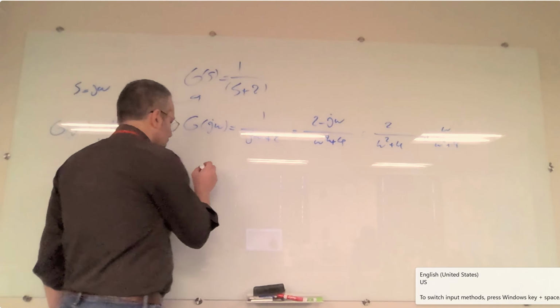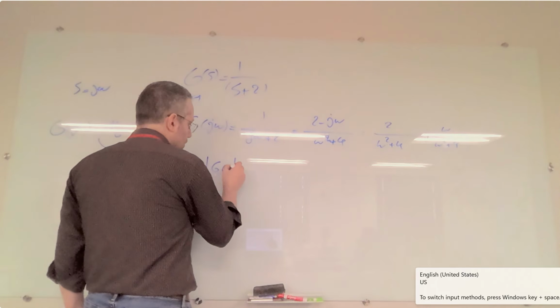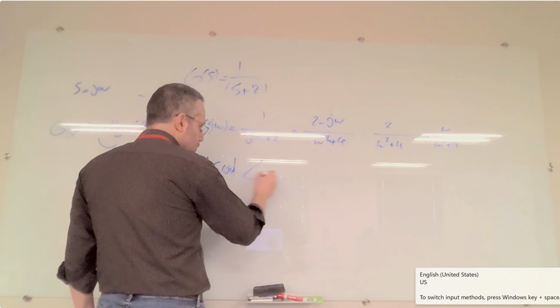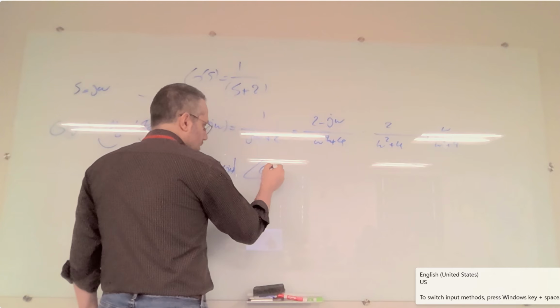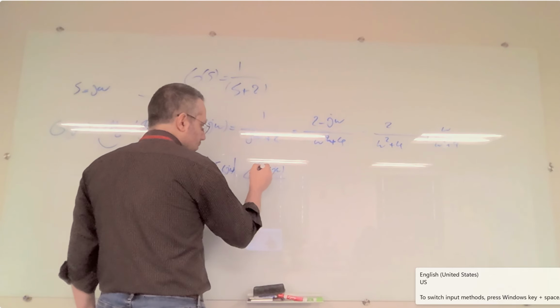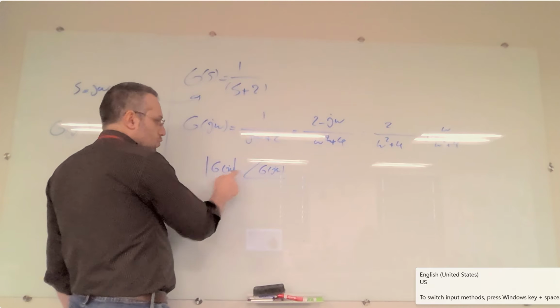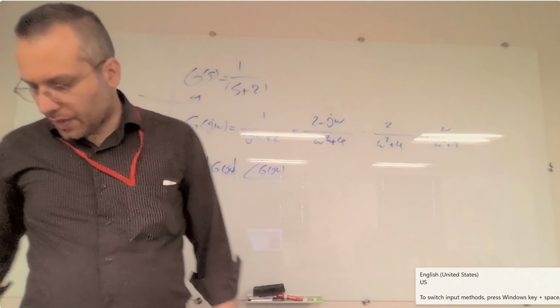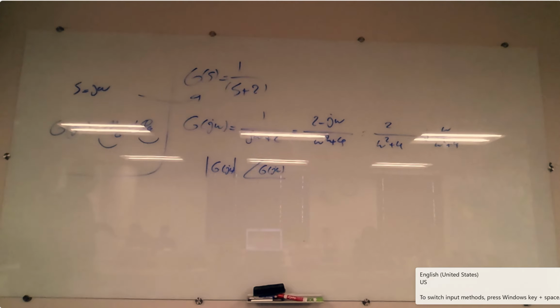The phasor domain is going to be the amplitude of G of J omega, and the phase should be the phase of that G of J omega. How can I calculate these two? I want to eventually show that in a phasor domain because I want to plot the magnitude of that phasor and the phase of that phasor separately in order to ease my life later on for analysis.